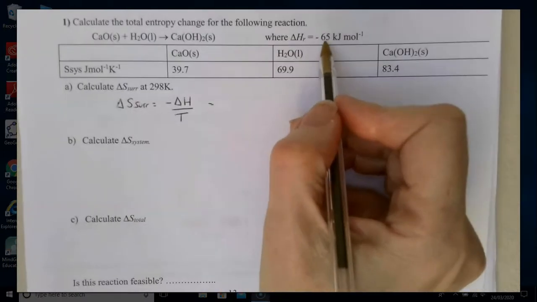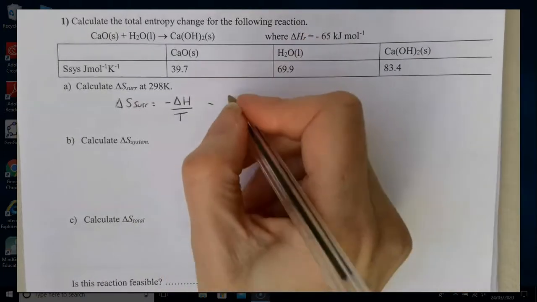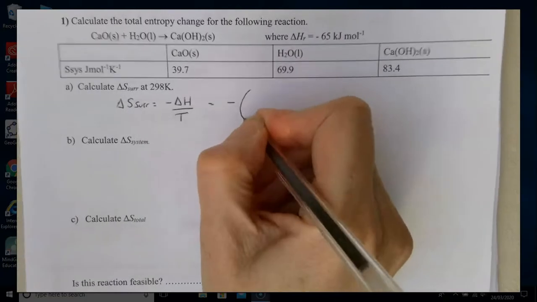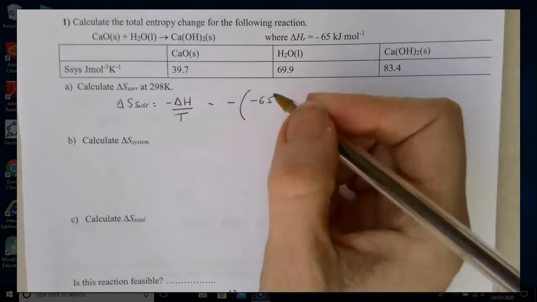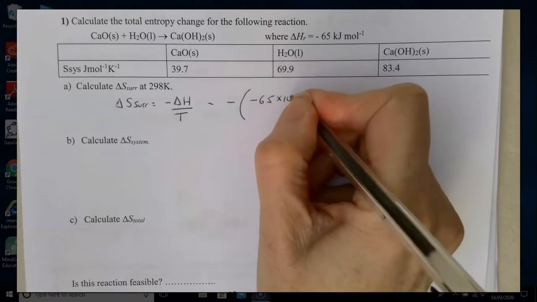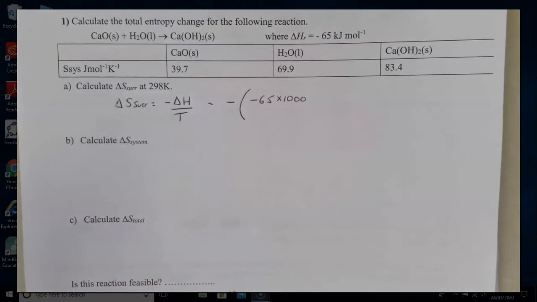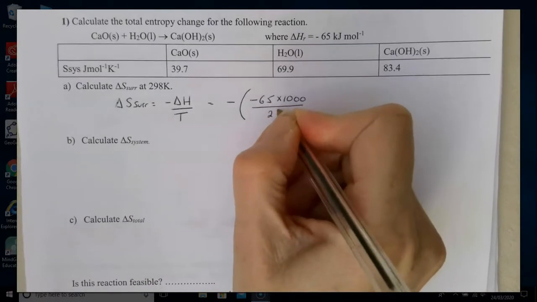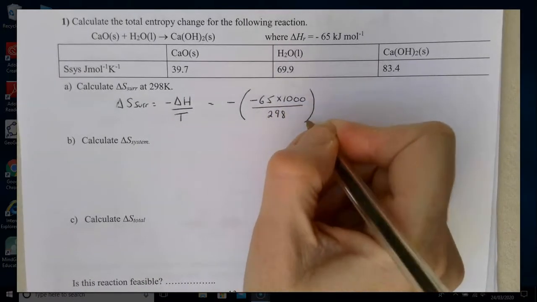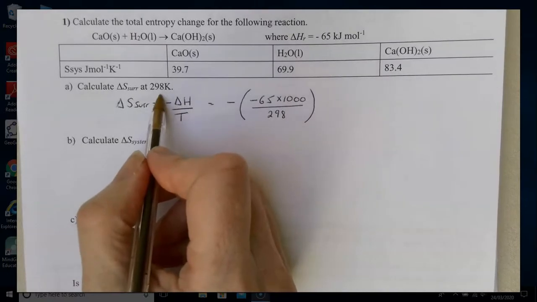So I'm being given the value up here for my reaction. So it's minus, brackets again, minus 65. I'm not going to forget that I've got to change that into joules, so I'm going to remember to times by 1,000. And I'm going to divide that number by 298 Kelvin, because that's the temperature at which I'm doing the reaction.